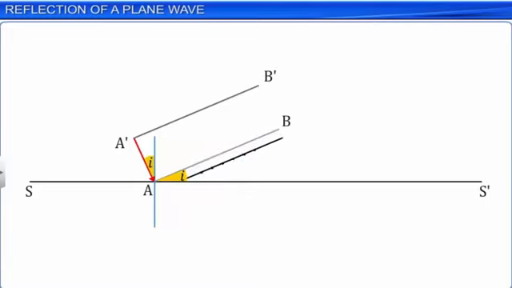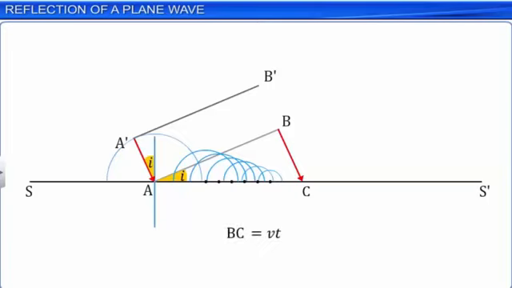Let us assume that after t seconds, the point B of the wavefront AB is incident on the surface SS' at point C. Then, BC is equal to vt. During the same period, the hemispherical secondary wavelet from A would also have attained a radius equal to vt.